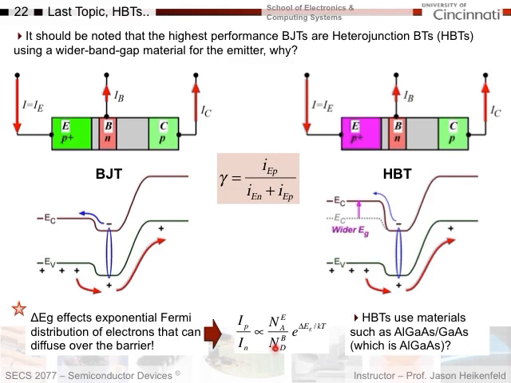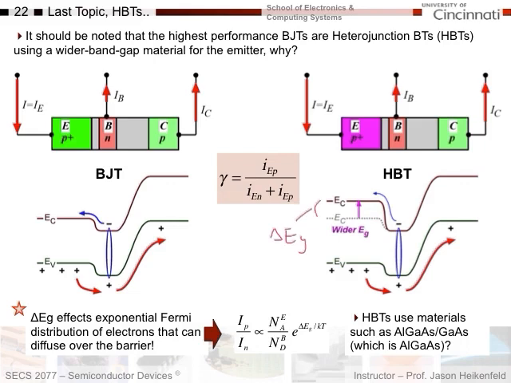Well, in addition to that, I can see it be exponentially dependent on this delta EG here, okay? And so my delta EG is right here. That's my delta EG that increases the conduction band.